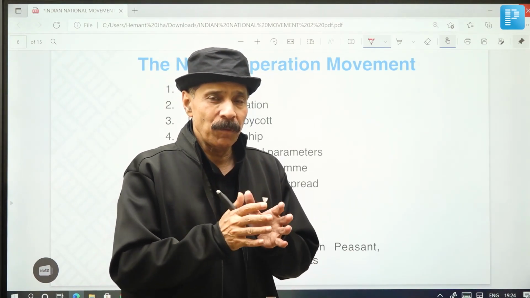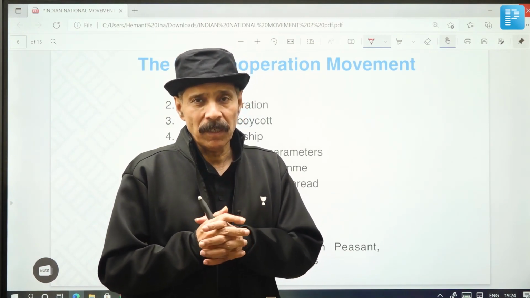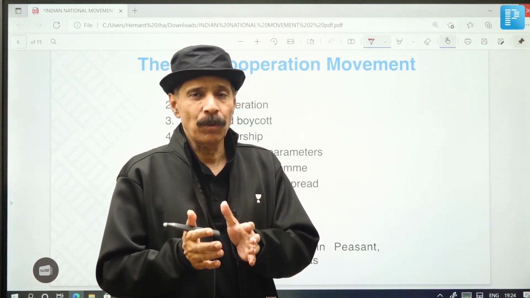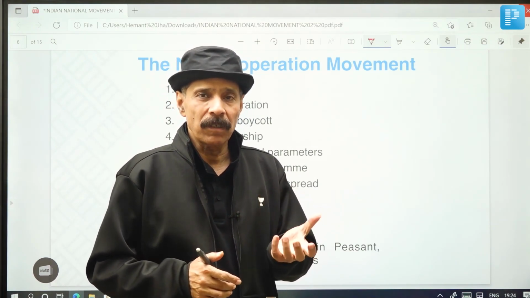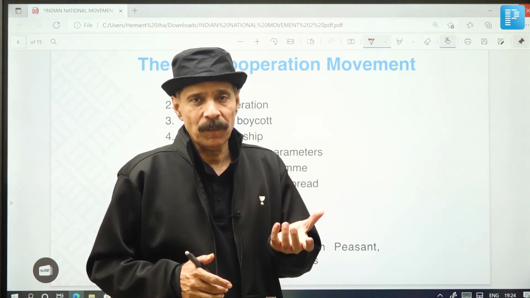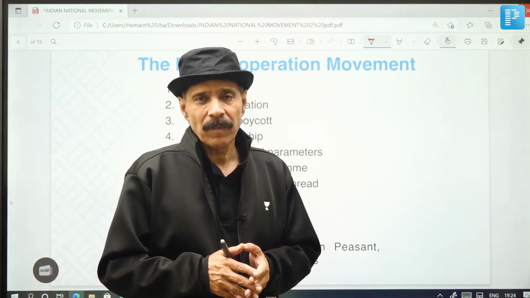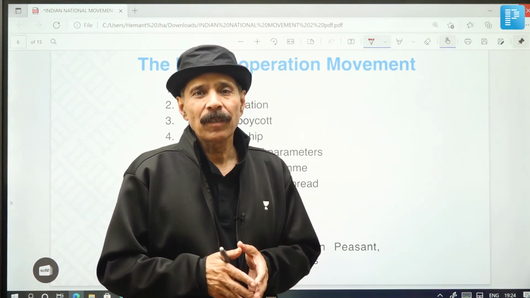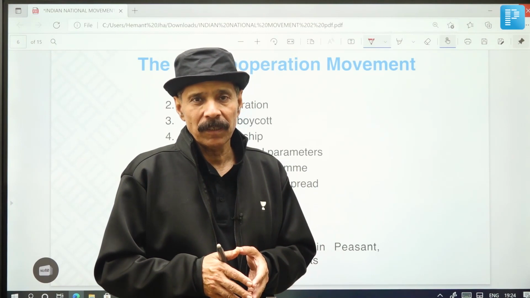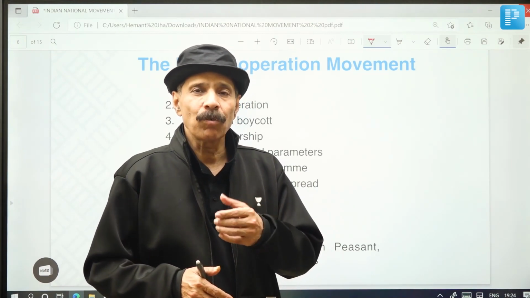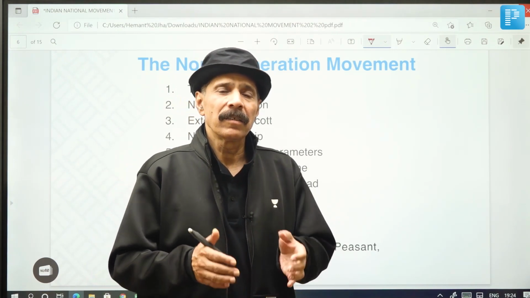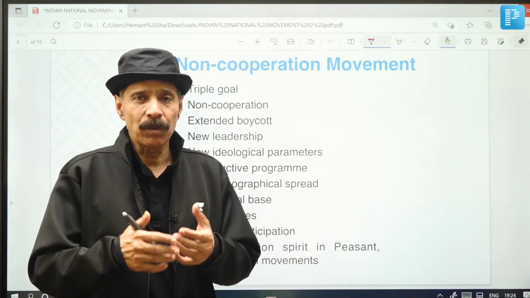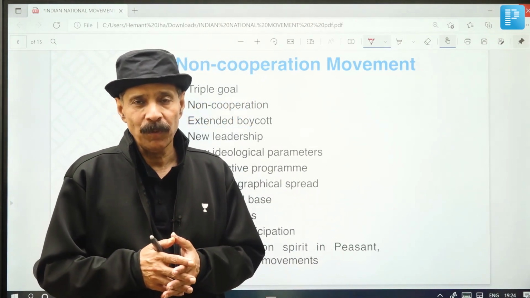Central Khilafat Committee under the leadership of Gandhiji launched non-cooperation on the issue of Khilafat, and this movement is known as Khilafat movement. But essentially this was a non-cooperation movement by nature, because the idea was not to cooperate with the government. And the Indian National Congress too launched a non-cooperation movement in the same year.